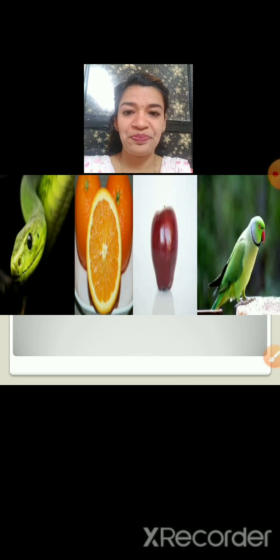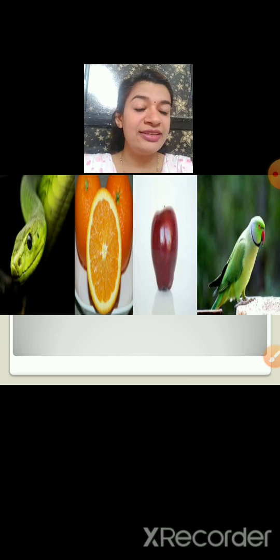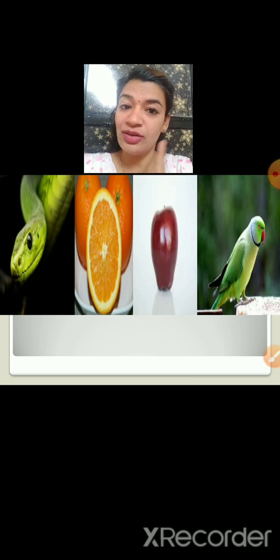Now again, first letter, again. Yes, very good. Again, now the second one, first letter of the second picture. Very good. Now again, third picture, first letter of the third picture. Very good. Now fourth picture, first letter of fourth picture.